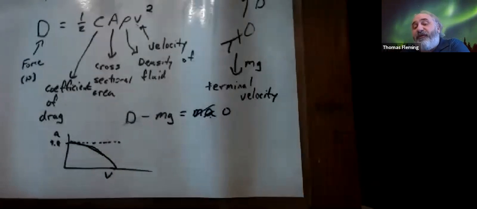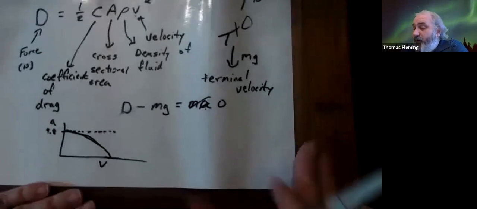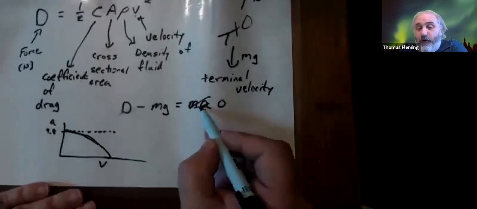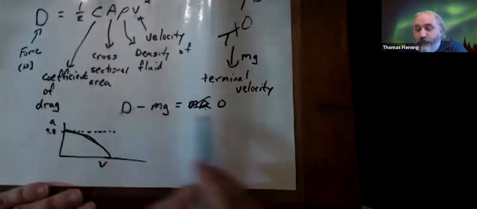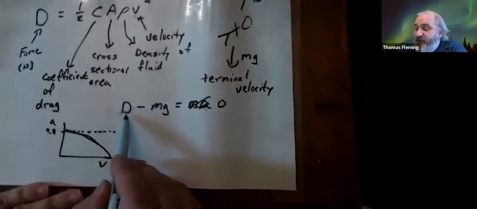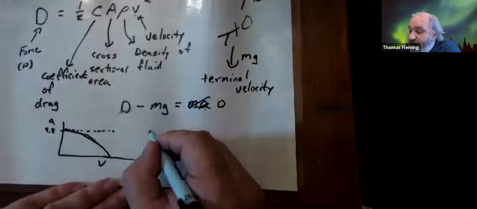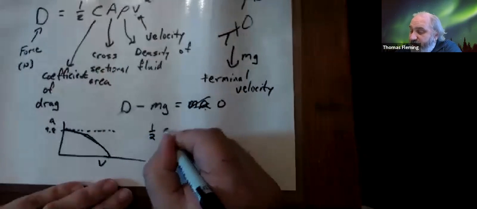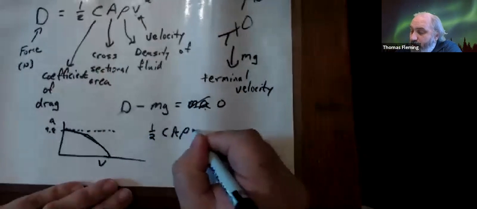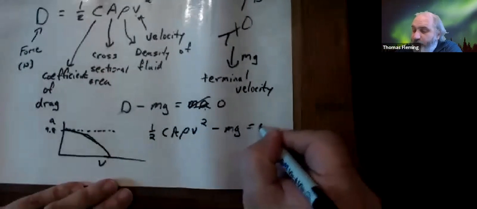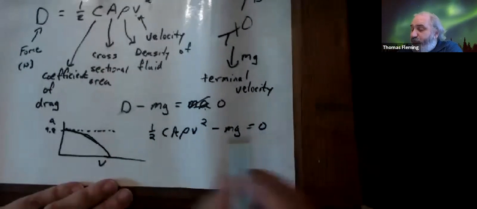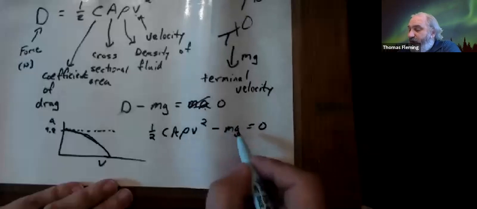How would I know what something's terminal velocity is? Well, I'd make the acceleration be 0, and then I'd solve for the velocity that makes this equation true. Well, if D equals this, I've got 1/2 C A rho v squared minus mg is equal to 0. I want to get v by itself, so I'm going to add mg to both sides.